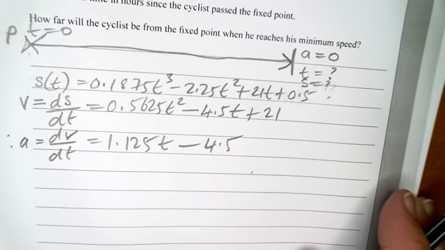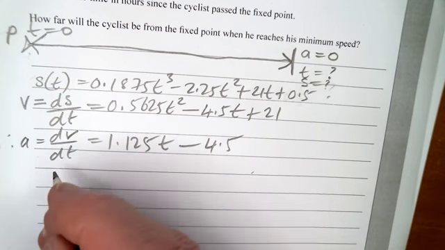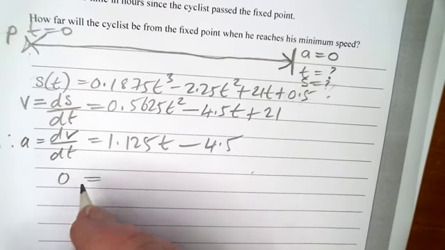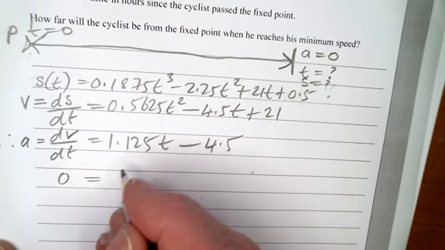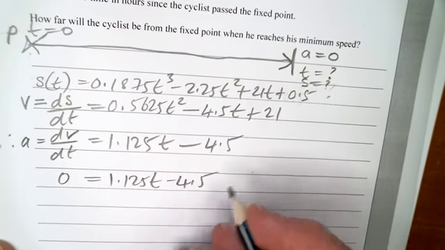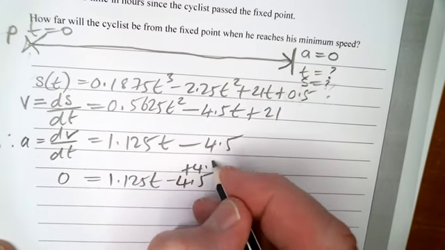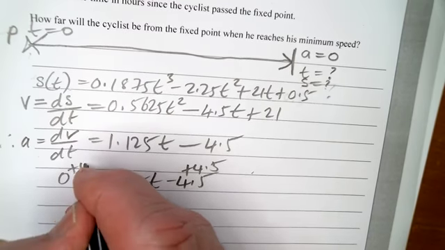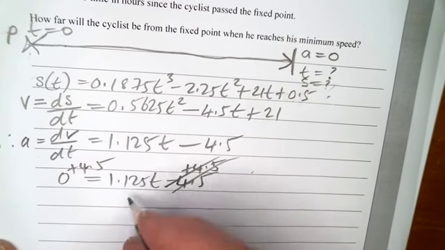Now we're going to make it equal to 0 because we want to find when the acceleration has become 0. The acceleration is no longer accelerating, so it's now a constant velocity. So we've got 1.125 t minus 4.5 equals 0. I'm going to add 4.5 to both sides and make t the subject.